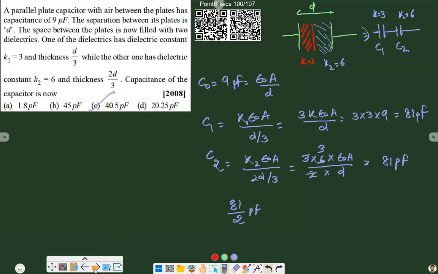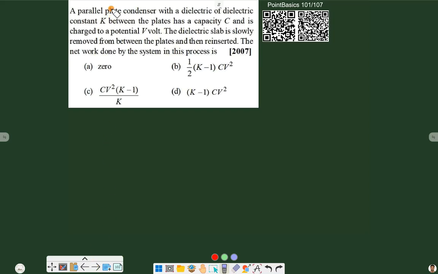Moving to next question. A parallel plate capacitor with dielectric constant K between the plates has a capacity C and it is charged to potential V. The dielectric slab is slowly removed from the capacitor plates and then reinserted. The net work done by the system in this process will be.